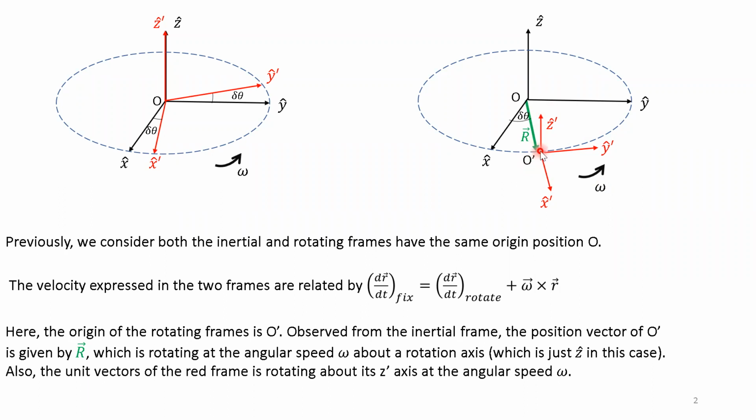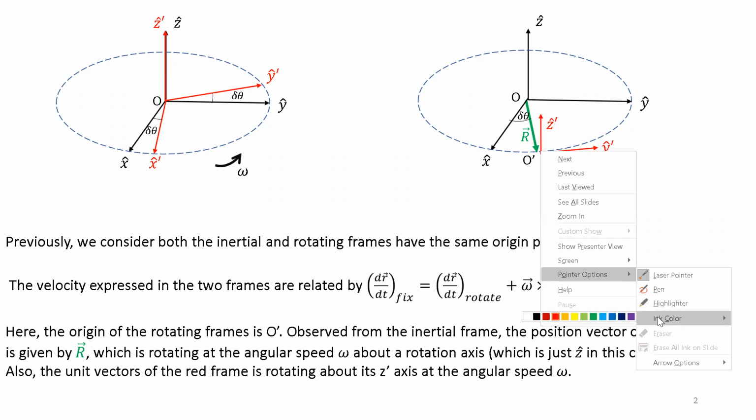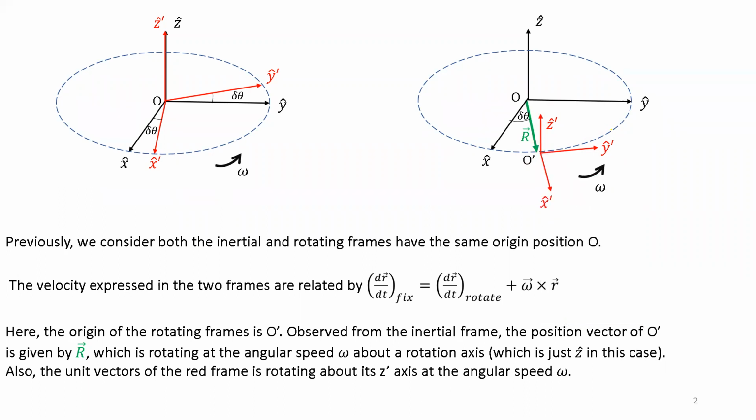Imagine that after some time, O prime will be somewhere over here, and your basis vectors will look something like this.